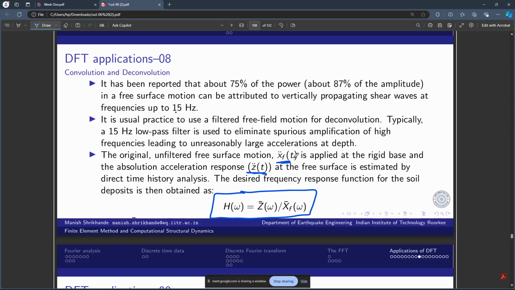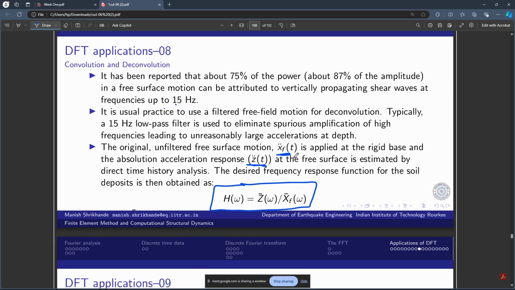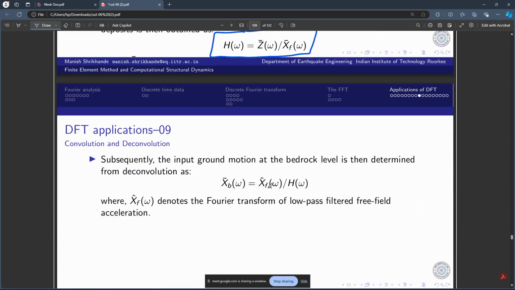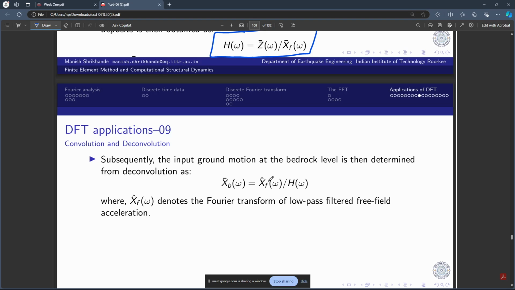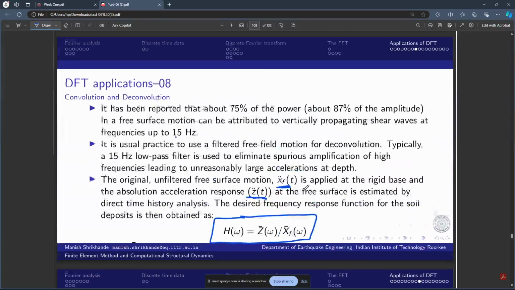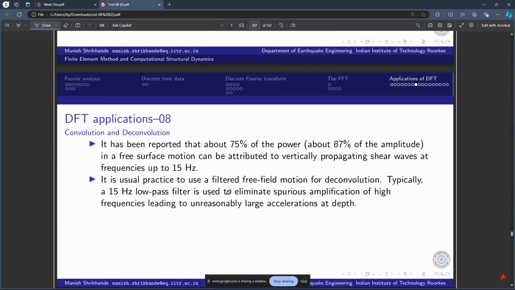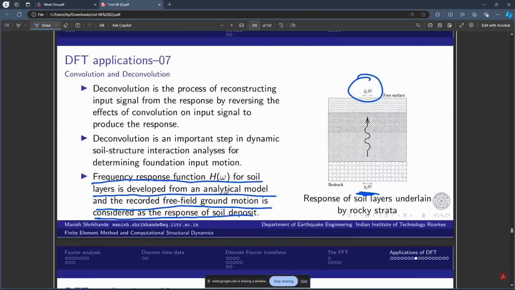Once your data has been converted to the frequency domain, you need to apply this relation. This is your data in the frequency domain, and then this H omega is basically some analytical relation.